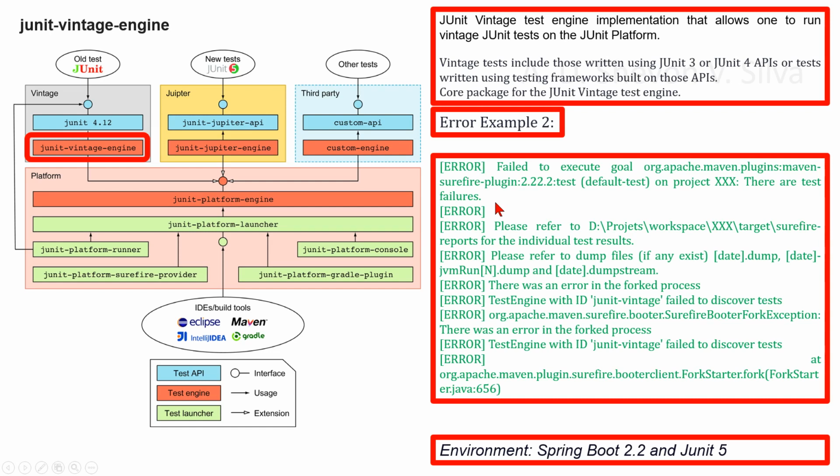There are test failures, etc. Please refer to the project workspace xxx target surefire-reports for the individual test results. Please refer to the dump files if any exist. There was an error in the forked process. TestEngine with ID junit-vintage failed to discover tests, etc.